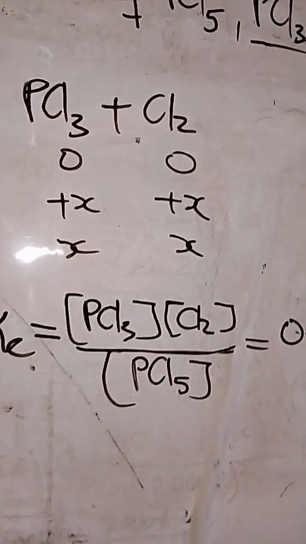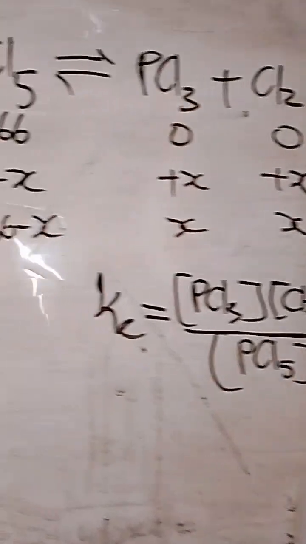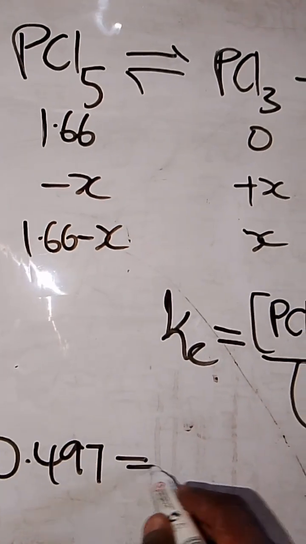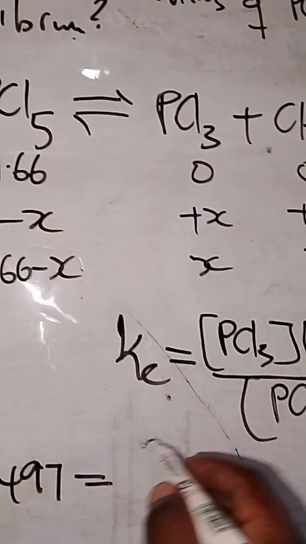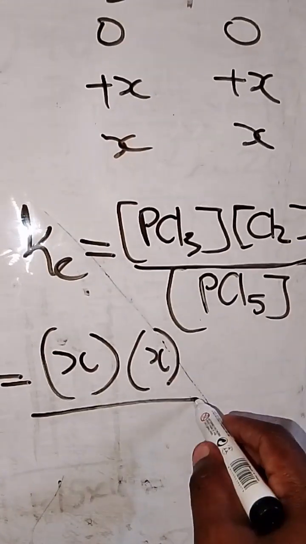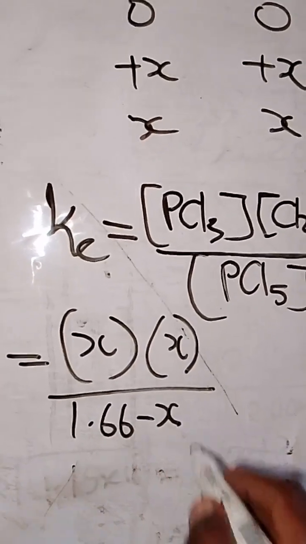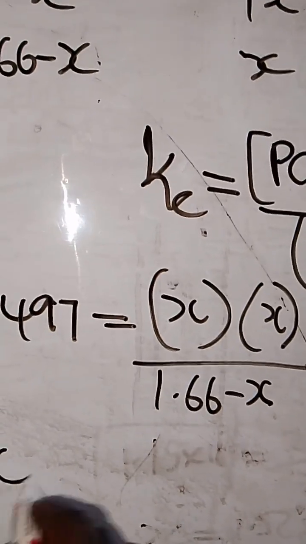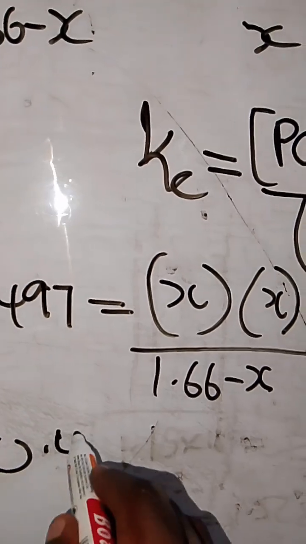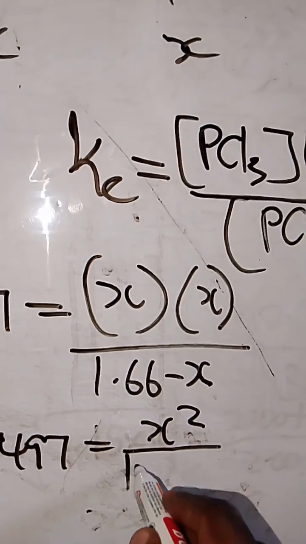Then we substitute our equilibrium concentrations. So 0.497 is equal to X times X over 1.66 minus X, which gives us 0.497 equal to X squared over 1.66 minus X.